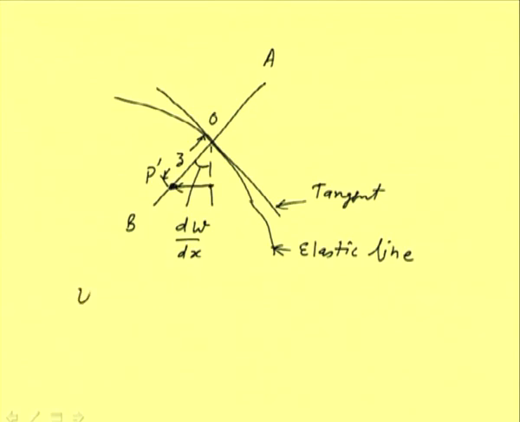So the displacement of point P in the x direction is this direction, is minus Z dw by dx, minus because it is opposite to the positive x direction, and this much displacement is this angle into the length of this radial distance.